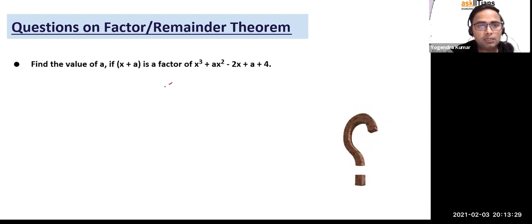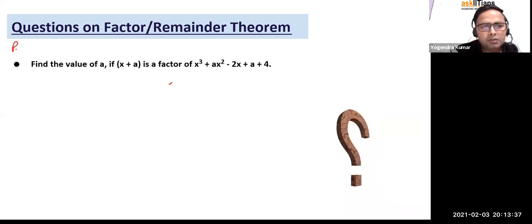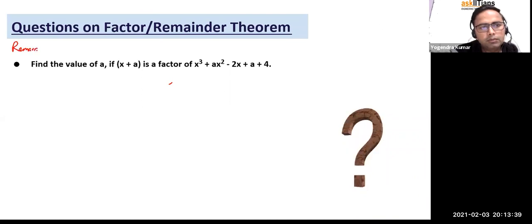Before that, if you want, I can make you revise remainder theorem, but this is really important. Before factor theorem, we need to understand remainder theorem.